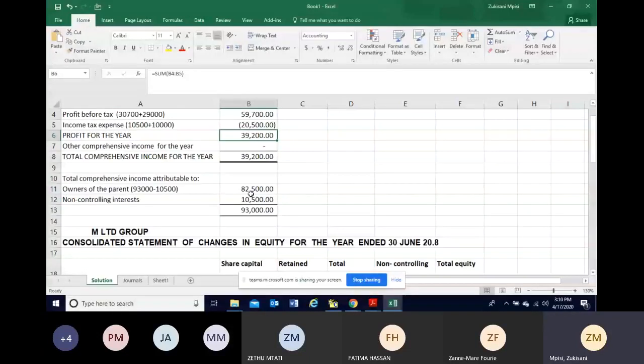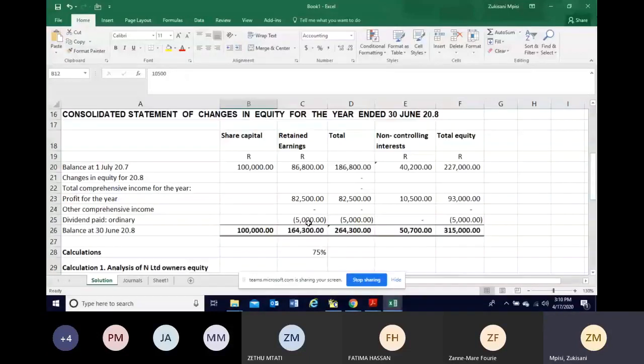Non-controlling interest, how do we get its total? The non-controlling interest total is going to be the profit part.